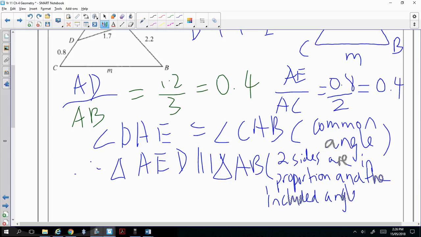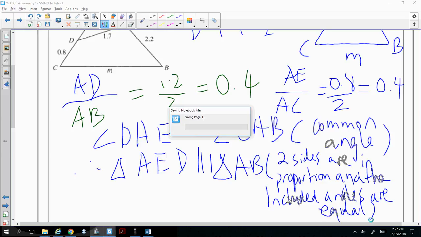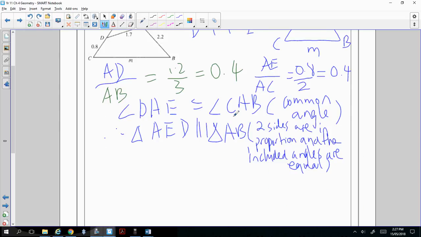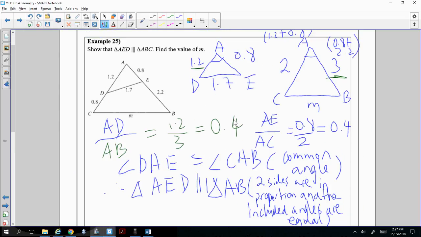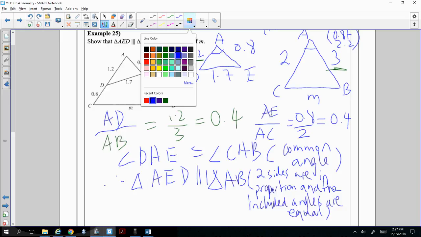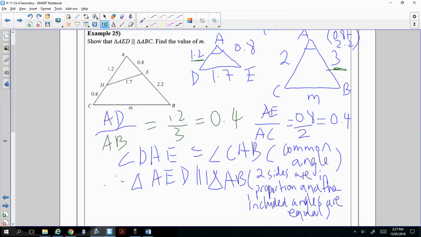Then we can find the value of M. And that one's not very difficult. Just set up an equation and you'll be able to work out what M is. You just have to find the matching sides. Okay, good.